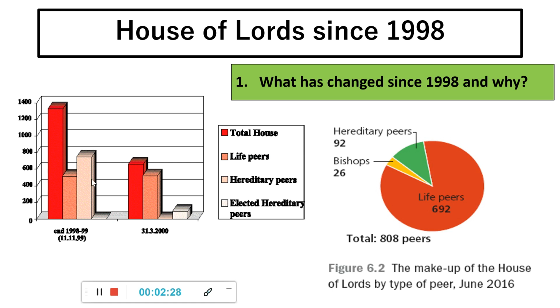But also the makeup of who those particular lords are. The removal of all but 92 hereditary peers in 1998 meant that the size went all the way down, and there are now 92 hereditary peers.